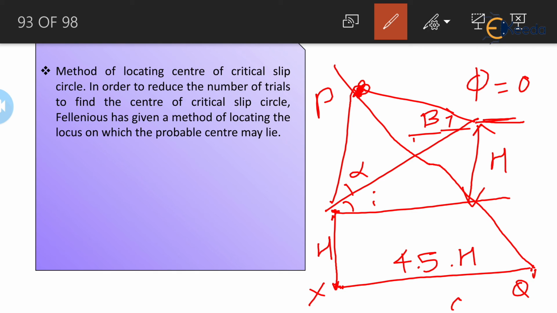In that case we consider P as the center of the critical slip surface.